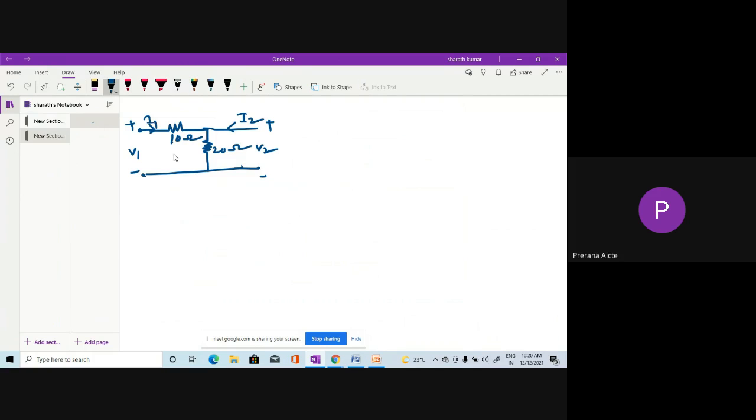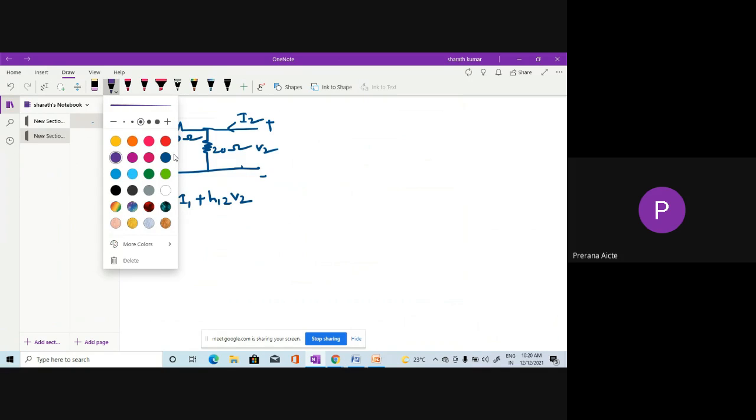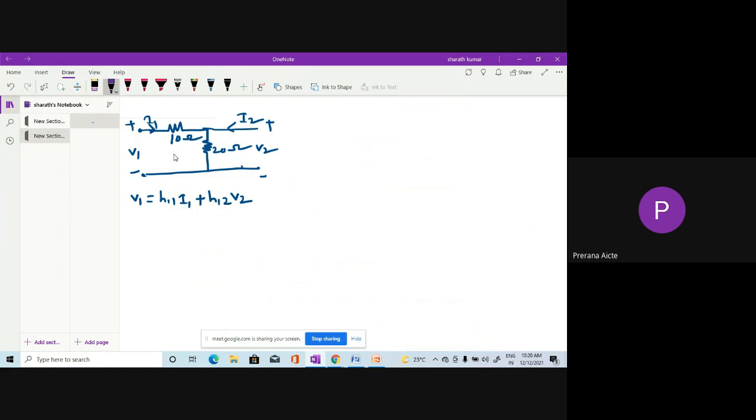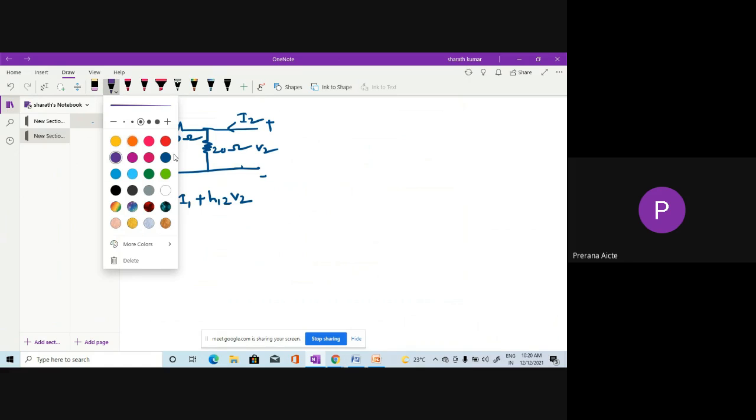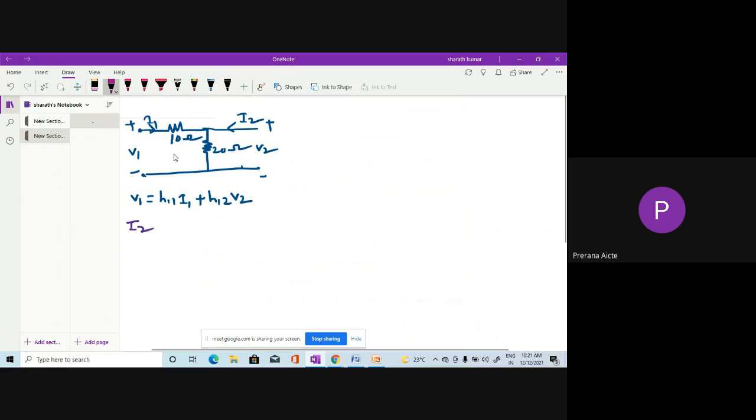So the H parameter equations are: V1 is equal to H11 I1 plus H12 V2. The name itself says hybrid, so you will get short circuit as well as open circuit values here. I2 is equal to H21 I1 plus H22 V2.